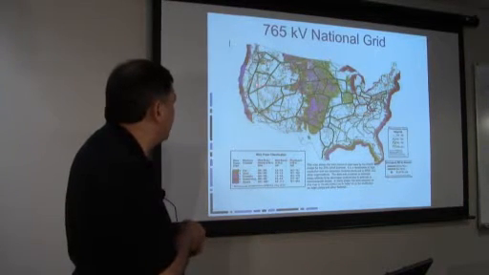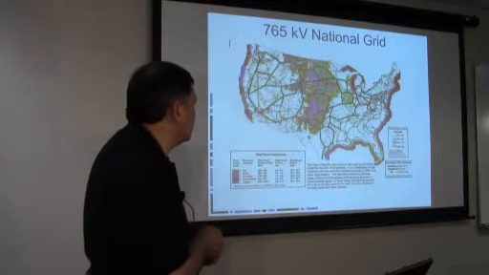They're not used in the west, but as we look at where the wind is located, clearly it's in the heart of the country and along the coasts. So to get that wind generation all the way to the customers, there's been a proposal to build an entire 765 kV network. This is still obviously very much in the conceptual stage.